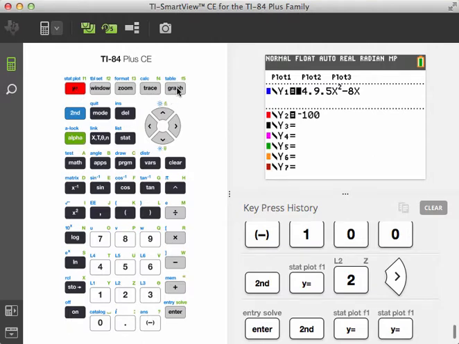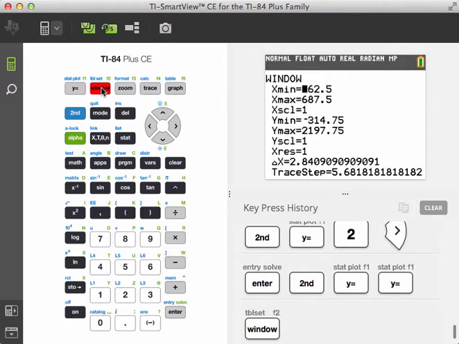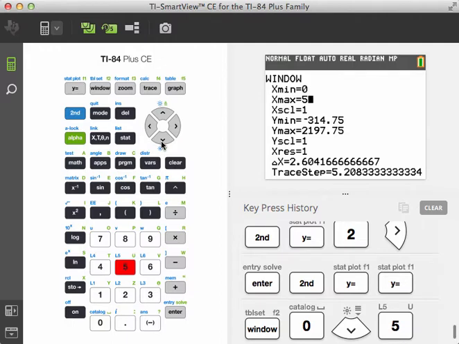But before I make the graph, I've got to set my window. So my x, we're going to start at a time. X is time, so we'll start at 0. And an x max, how long is this going to take? Well, we knew the last one was 4.5 seconds. So we know this is going to take less, but let's set it equal to 5 seconds. Our y min, the ground is at minus 100.